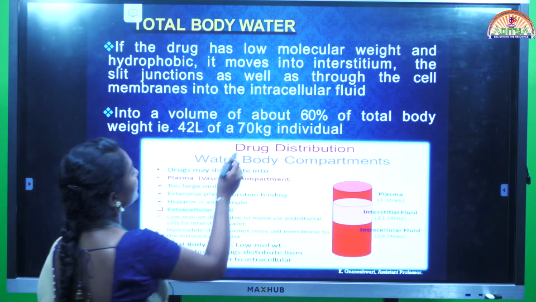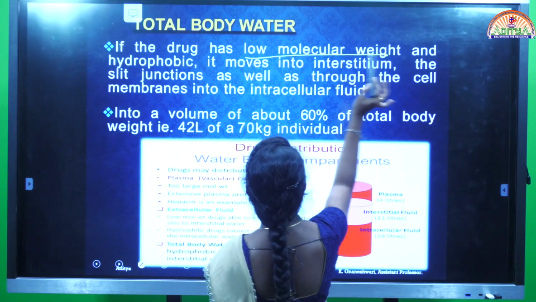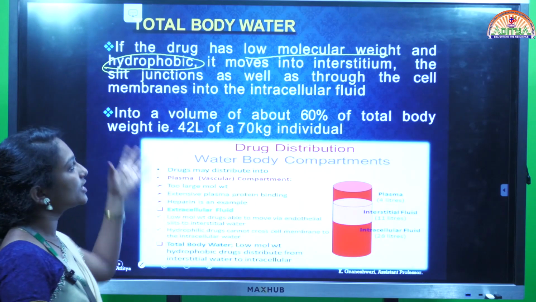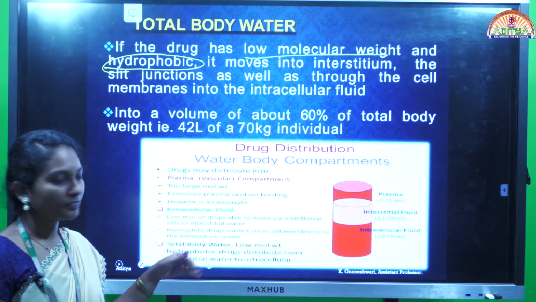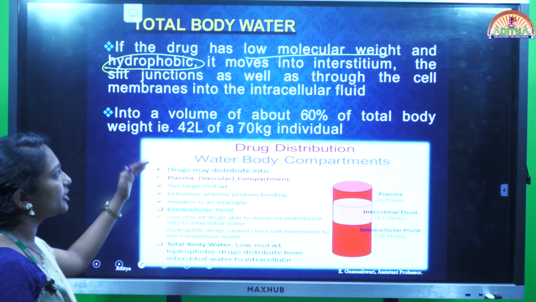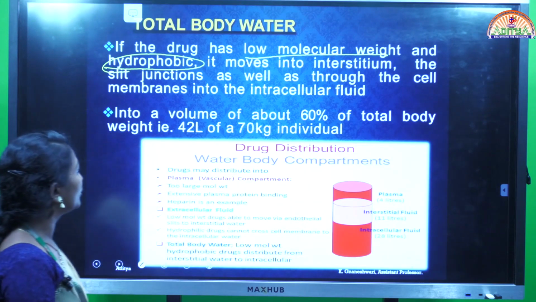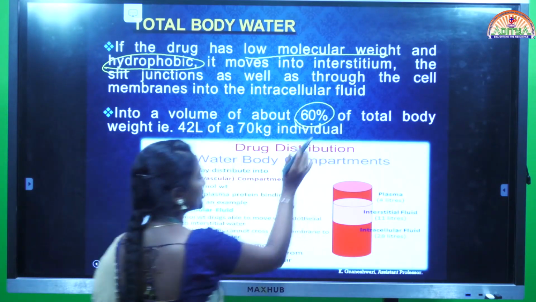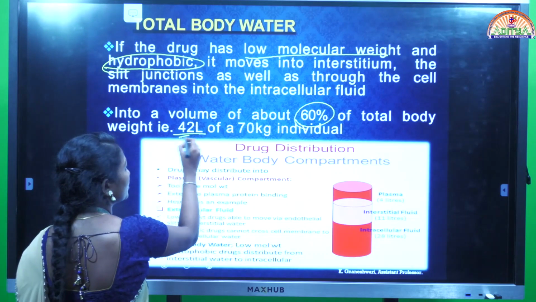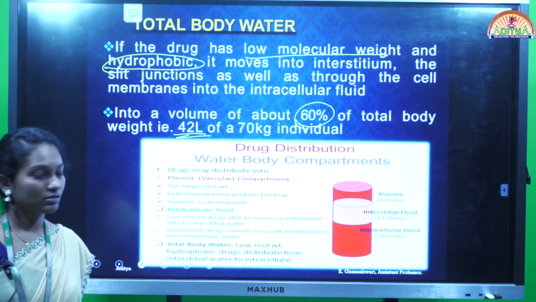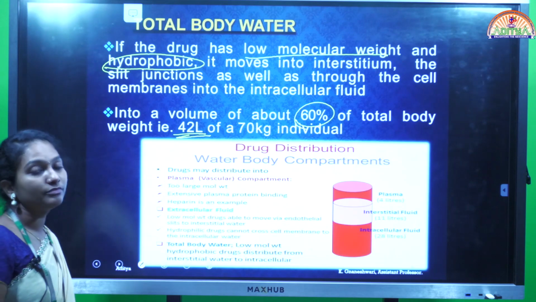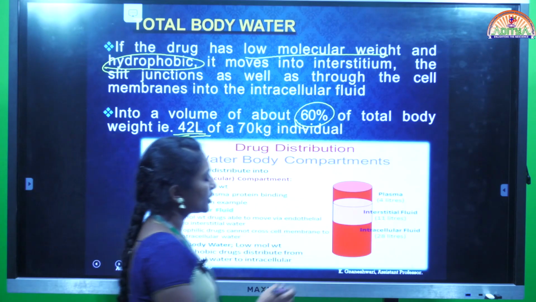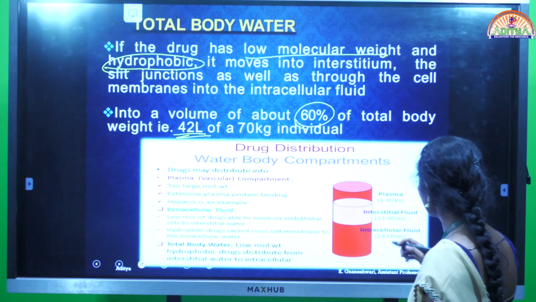But here the drugs have a lower molecular weight and are generally hydrophobic. These hydrophobic drugs will move into the interstitium, through the slit junctions, and then reach the intracellular fluid. The total body volume constitutes 60% of the total body weight, around 42 liters for a person weighing around 70 kg.